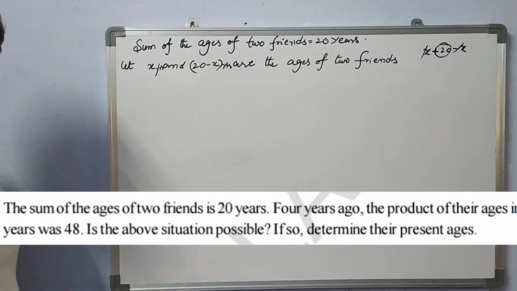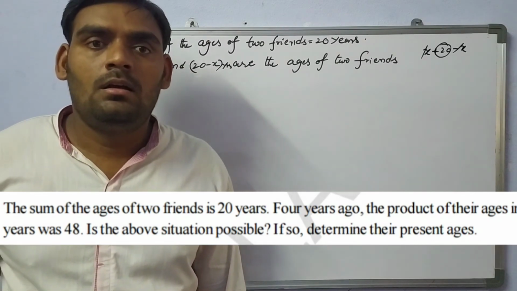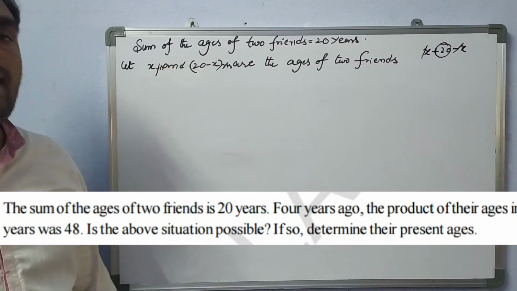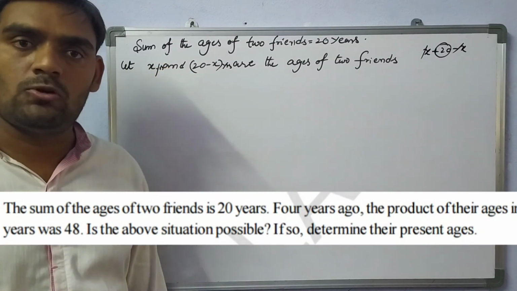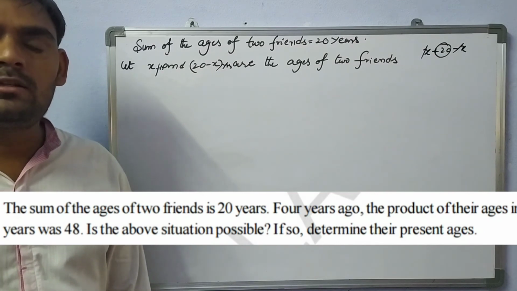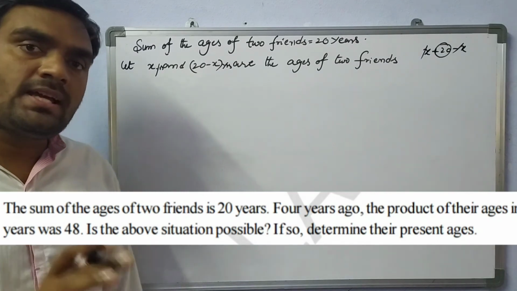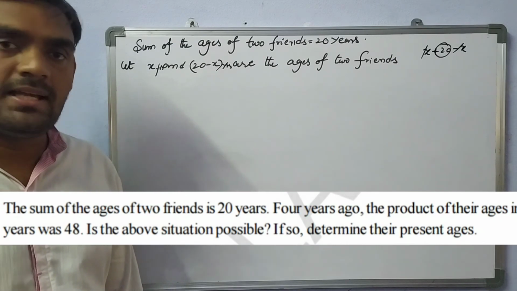Now 4 years ago, their ages would be x minus 4 years and another friend is 20 minus x minus 4, that is 16 minus x. The product of those two friends' ages 4 years ago is equal to 48 according to the problem.